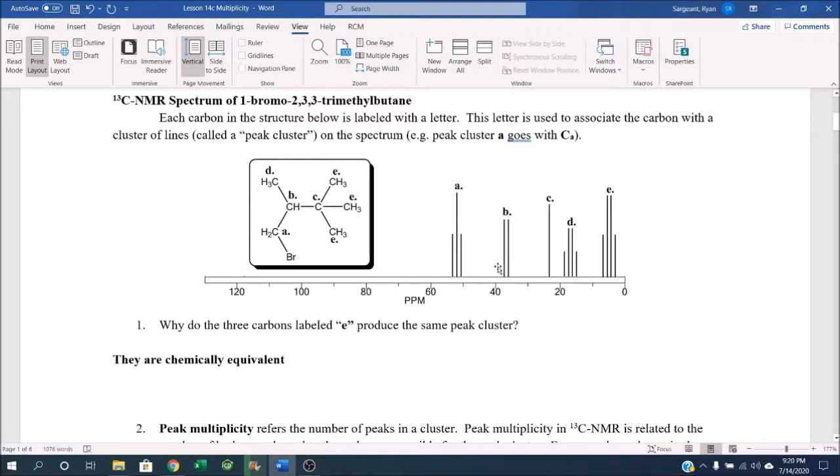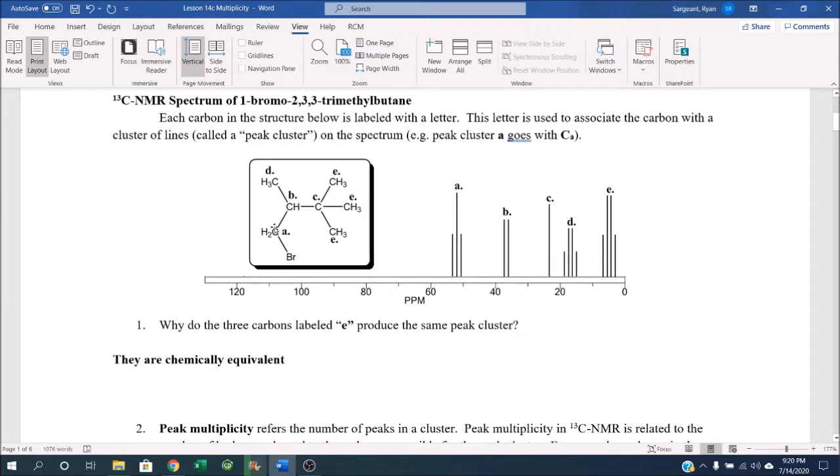The approximate shift values right here should make some sense to you as well. If you see peaks that are above 50, then that means that the carbon that is responsible for those peaks is associated with a highly electronegative atom. Bromine is a highly electronegative atom, so the carbon directly connected to the bromine is going to show up with the highest shift value.